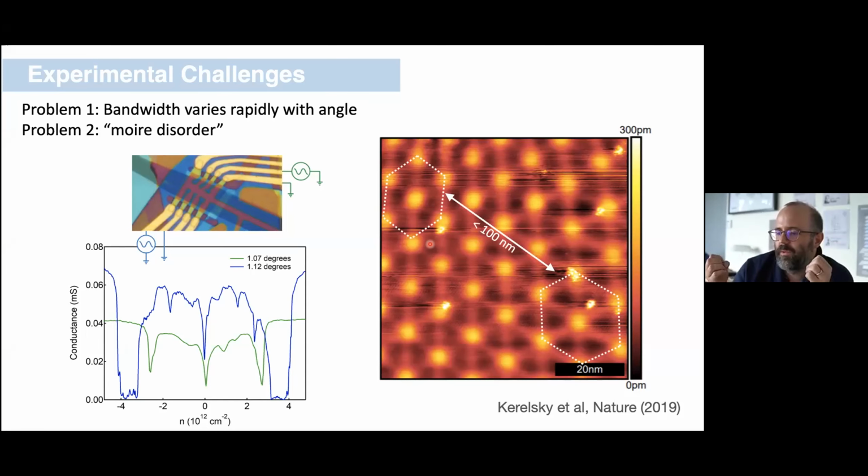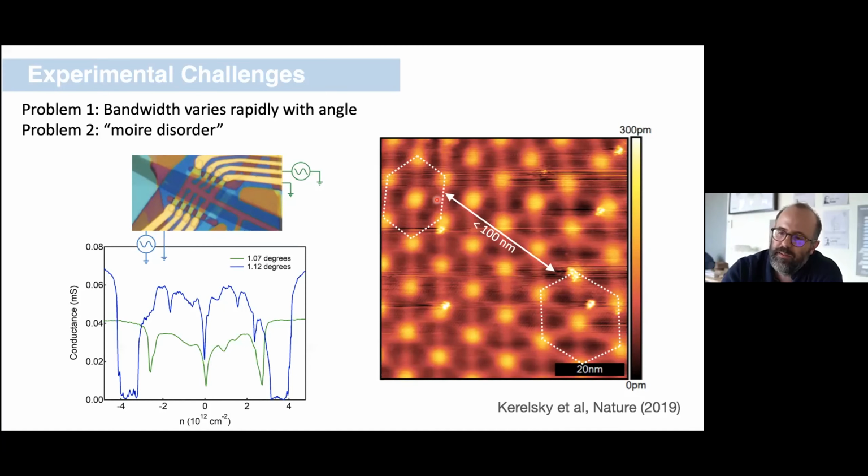That strain can be relieved by distorting the moiré unit cell locally here and there a little bit. In a sense, that distortion is equivalent to a local variation in the twist angle. And what we saw is that the band structure depends very rapidly on twist angle. This was shown in Stefan's introduction.